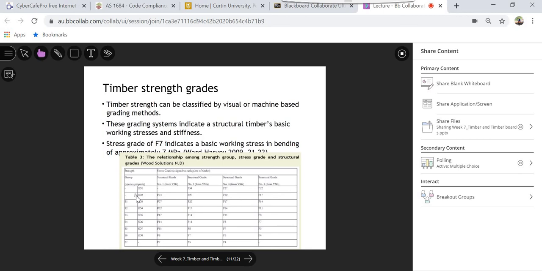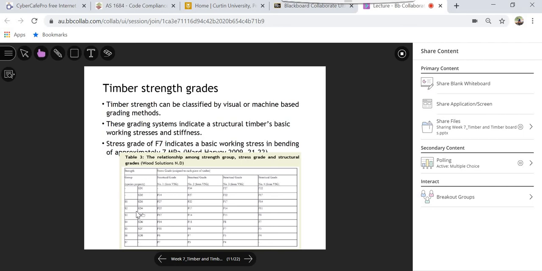Then a qualified person will examine each timber piece and grade it from 1 to 5 according to the amount of defects within the individual piece. Although pieces belong to the same species, the qualified person will visually grade each individual piece.